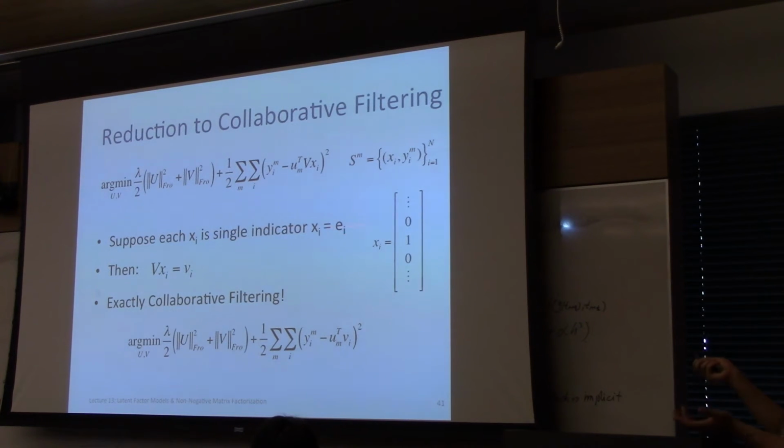If we don't have any features, then V will become k by the number of items, because the feature vector will be of dimension equal to the number of items. So this is how we reduce this version of multitask learning back to collaborative filtering. This is actually a generalization of collaborative filtering.